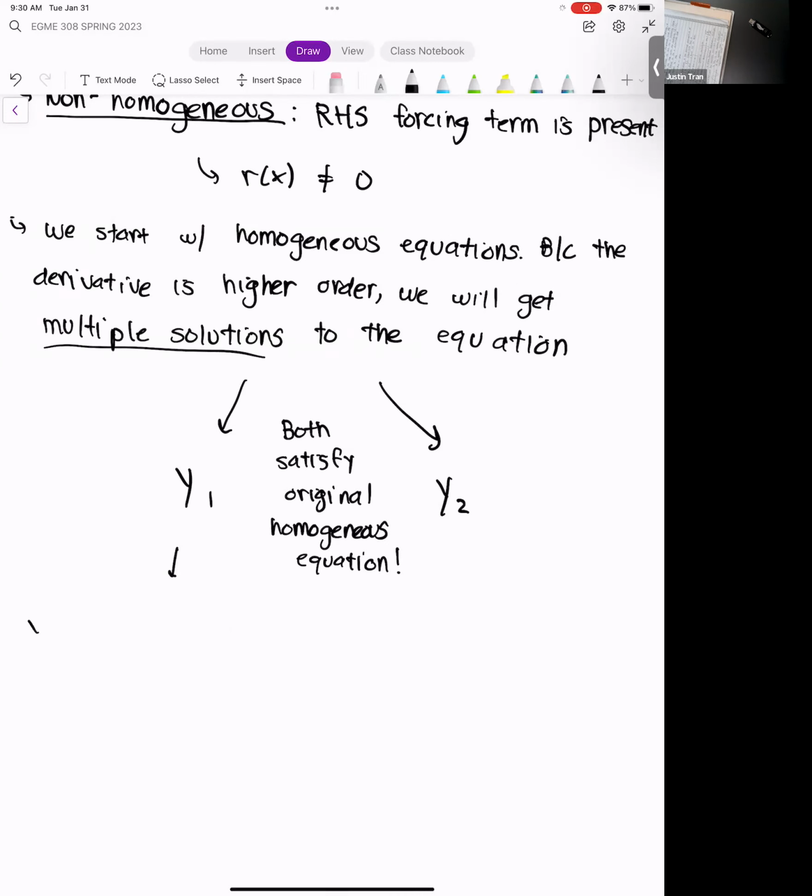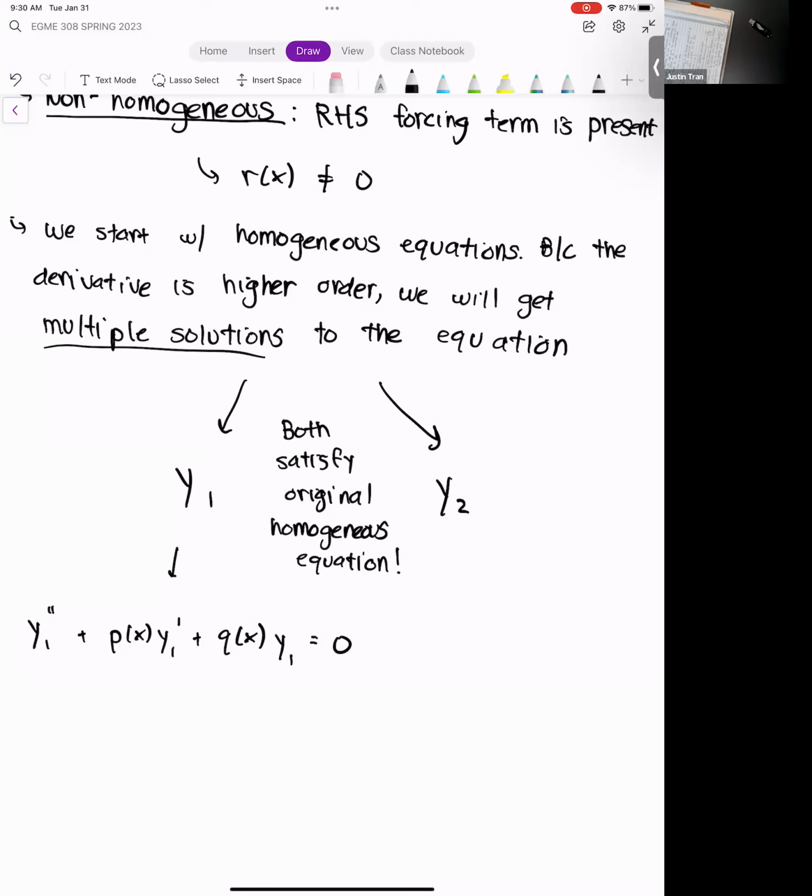Remember our standard form is y double prime plus p of x y prime plus q of x y. And since we're doing the homogeneous part, that's going to be equal to 0. If we plug y1 into this equation, you're going to get exactly 0: y1 double prime, y1 prime, and y1.